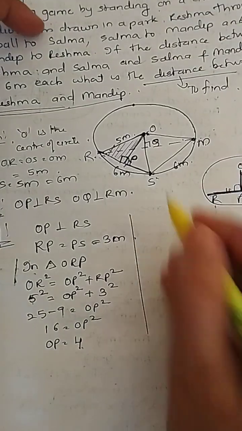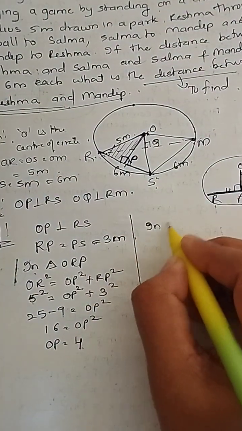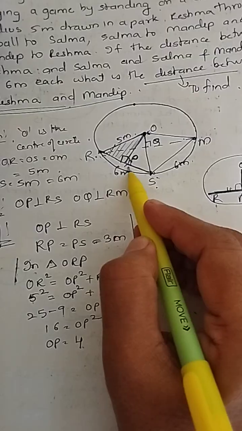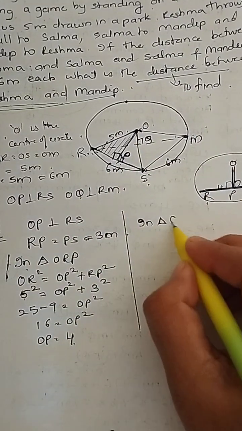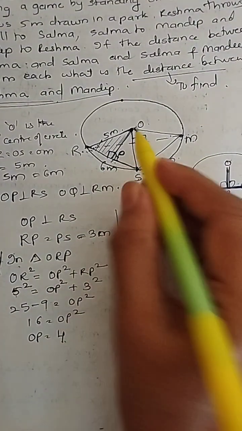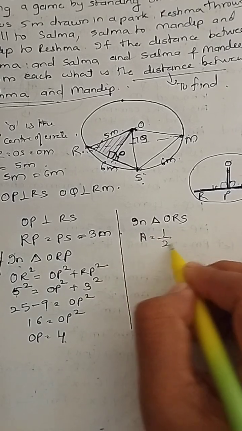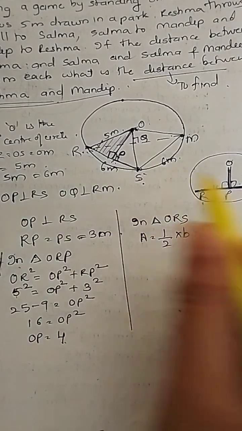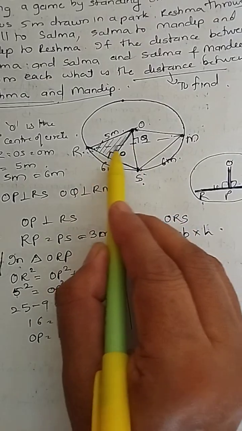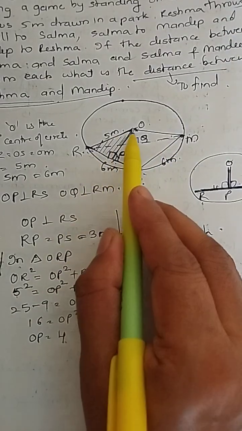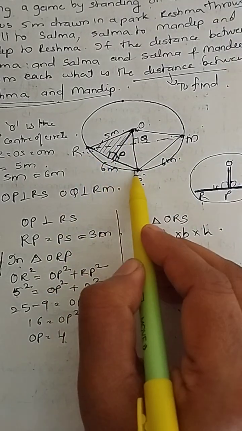Now second step, we'll take triangle ORS, the full triangle. We will find the area, half into base into height, because I want to find this full length. First I'll find the area of this triangle.